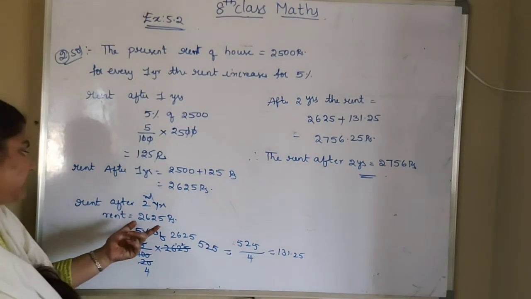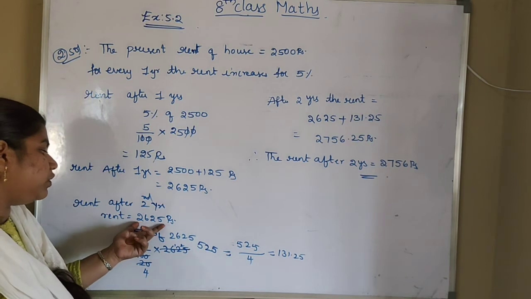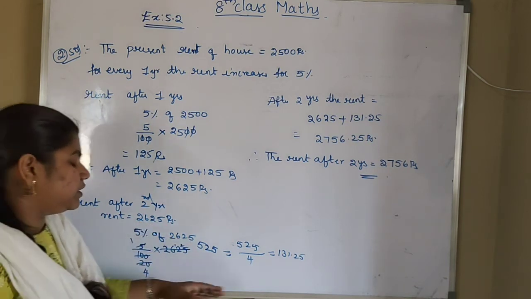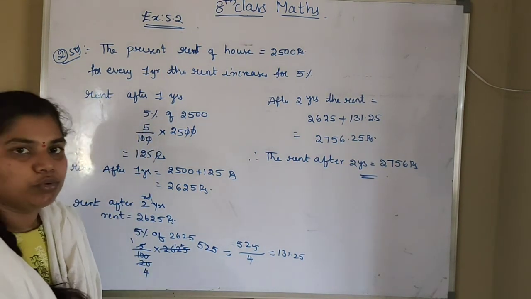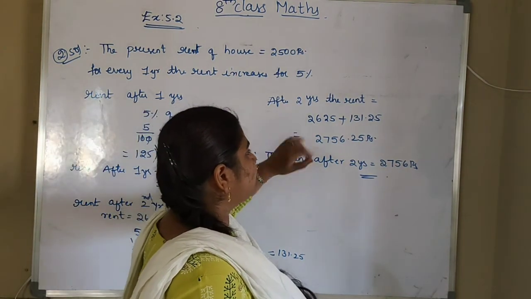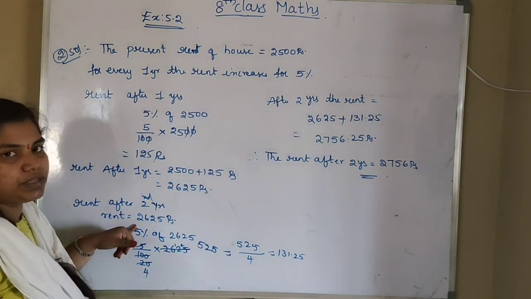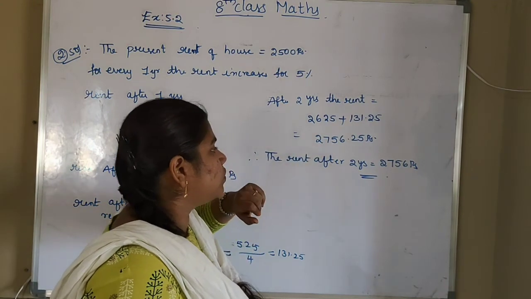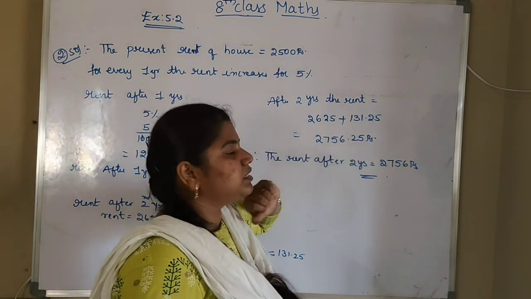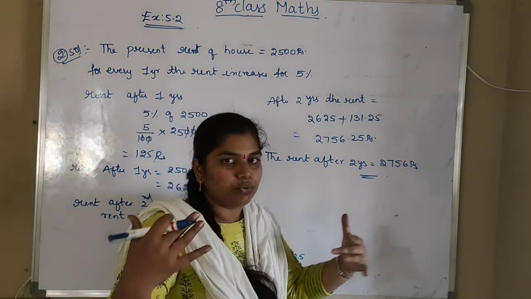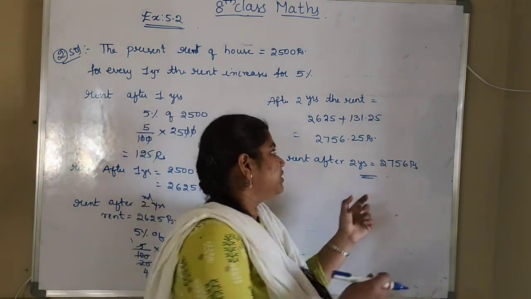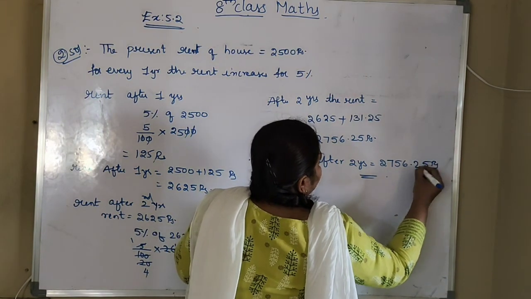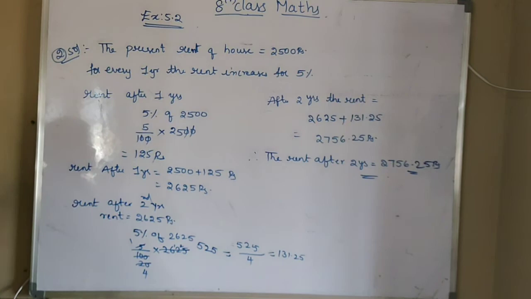Now what is 5% of 2625? That is equal to 131.25. So after 2 years, what is the rent? 2625 plus 131.25 will be equal to 2756.25 rupees. That means after 2 years, the rent will be this much. So this is our second solution.